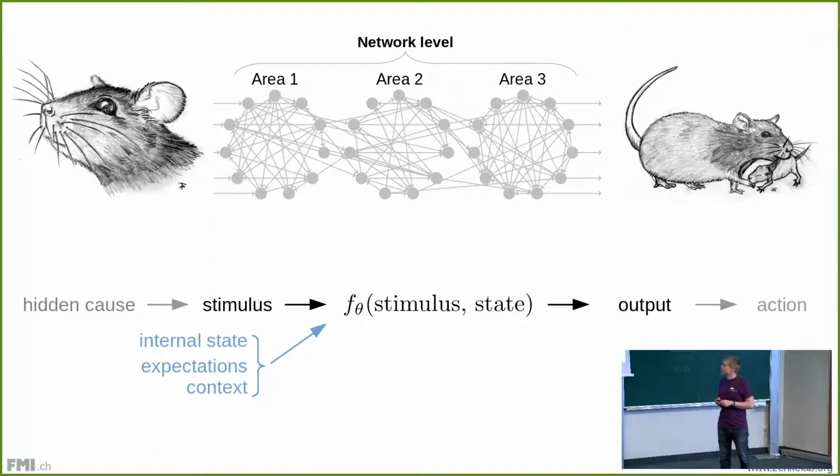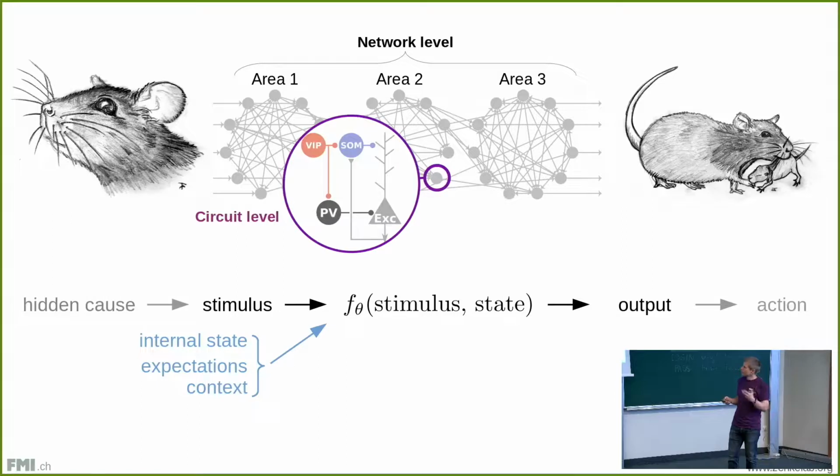That's stereotypical, or preserved across individuals of one species. If you zoom in to the circuit level, again you have a lot of structure: different neuron types that connect to each other in very specific ways. Presumably this is all important, and it's not entirely clear how this works.